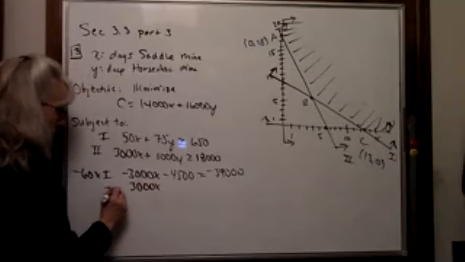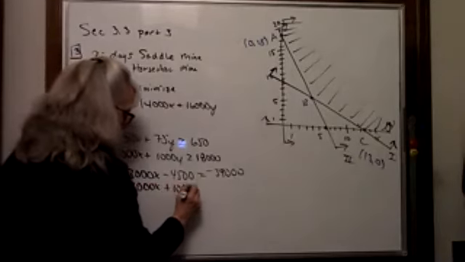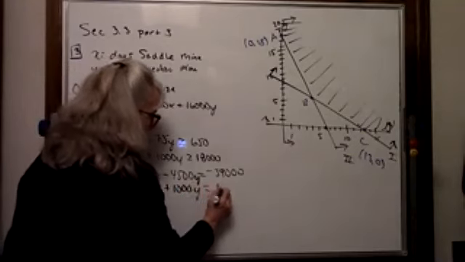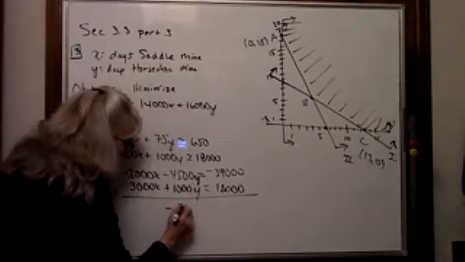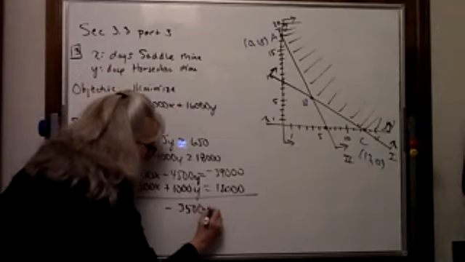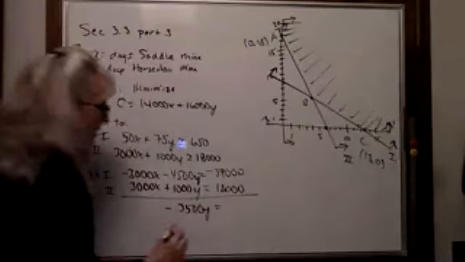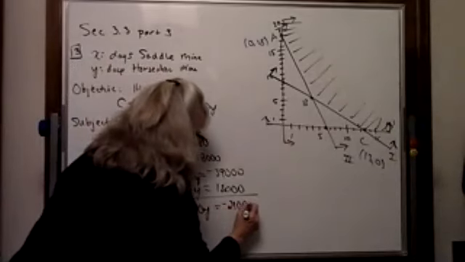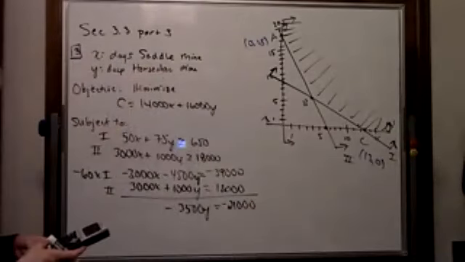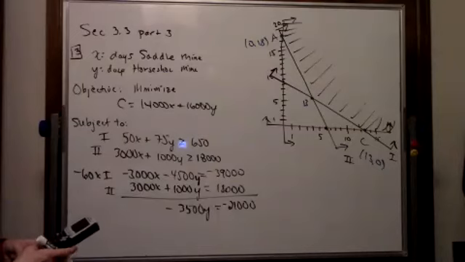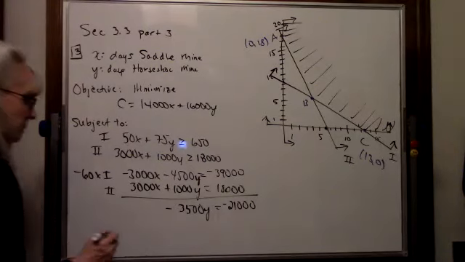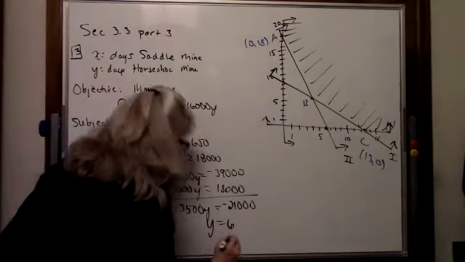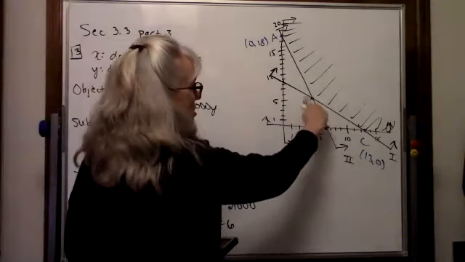So again, that's equation 2. Okay, adding those together, we're going to get a negative 3,500y equals negative 21,000, and then we'll divide. Just double checking arithmetic, 21,000 divided by 3,500 comes out to be 6. y equals 6, which doesn't look half bad.